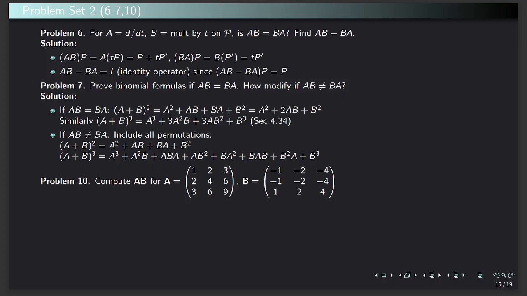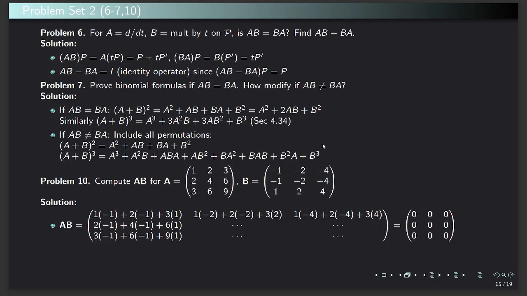And the expansion of (A plus B) cubed, for example, would involve 8 possible 3-letter products of A and B. So that's how we do this. But for problem 10, we would require computing the product of 2 specific 3x3 matrices. Both matrices are rank 1.